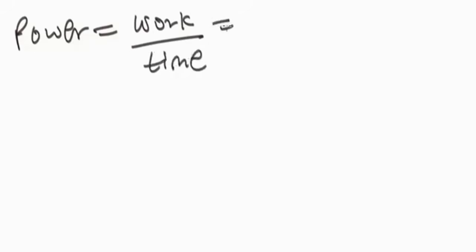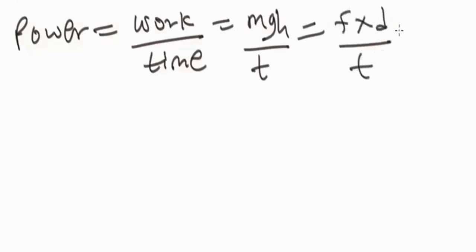Another way you can represent this, it can also be calculated using mgh over time. Depending on the parameters you have, it can also be calculated using force times distance over time, and it can also be calculated using force times velocity. This is because work is force times distance. That's why I have force times distance here over time.